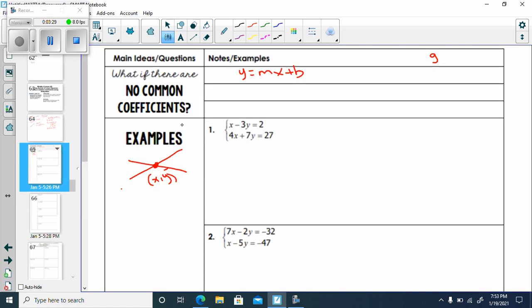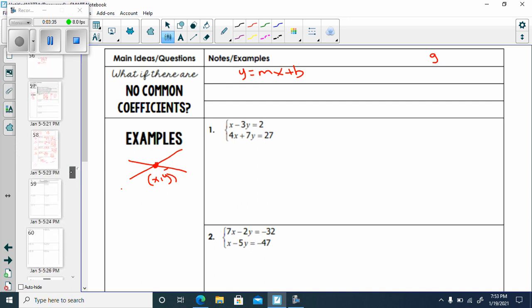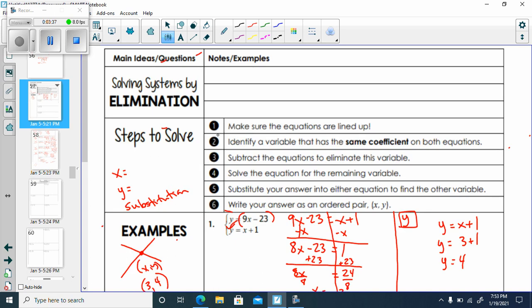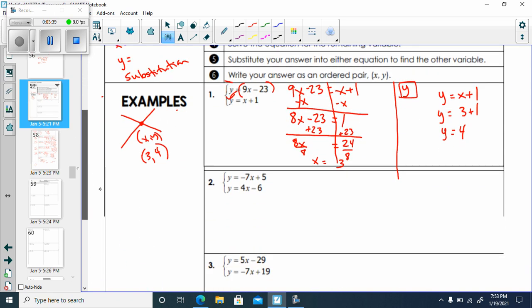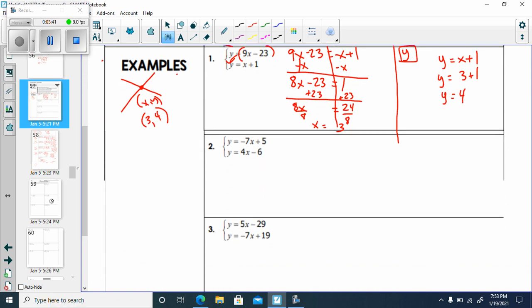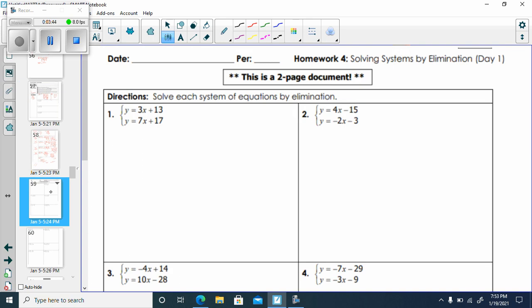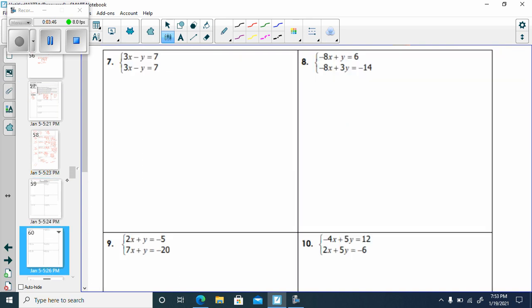Now, let's look at elimination. We did some elimination in our last lesson. It was things like this, where we were getting rid of one of the variables.